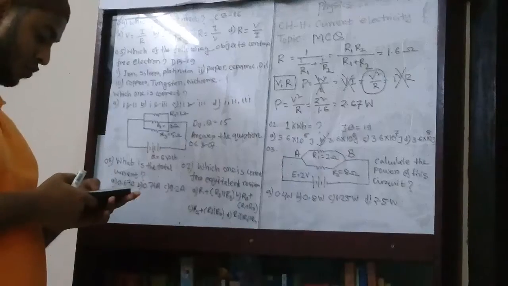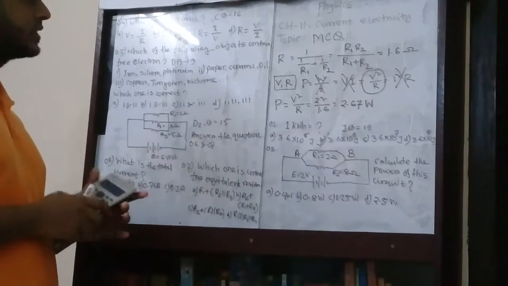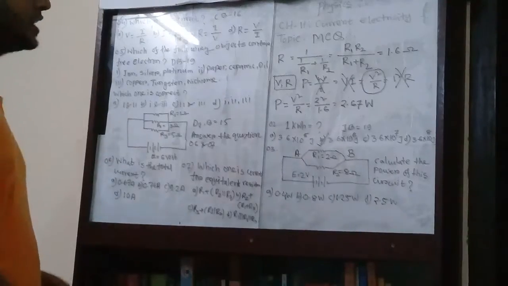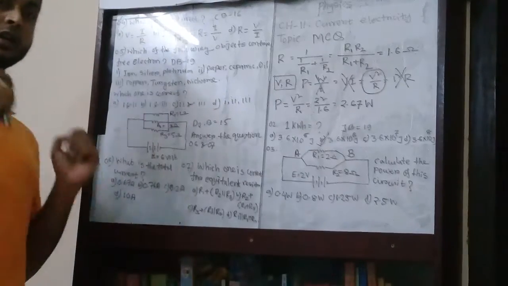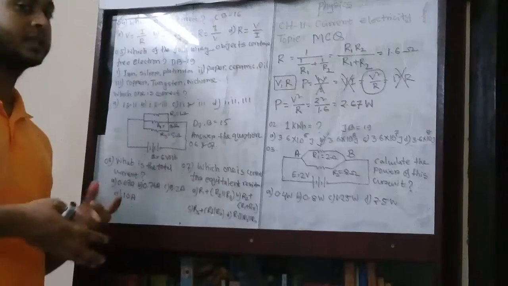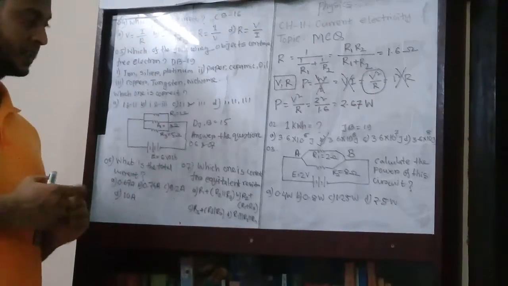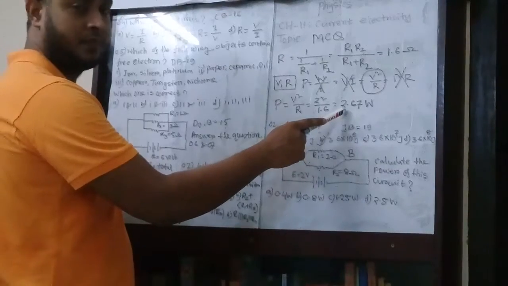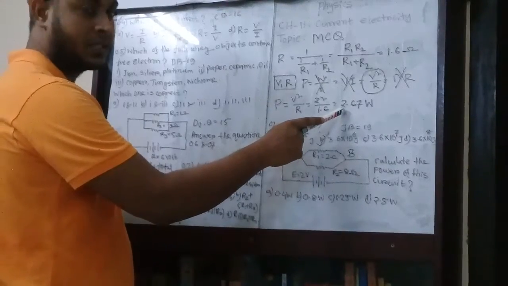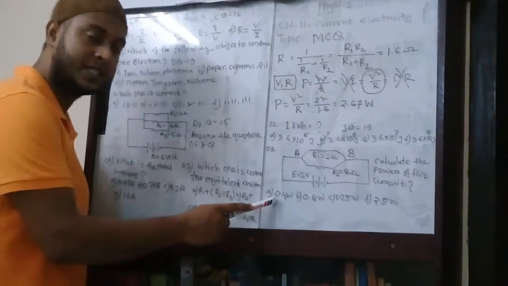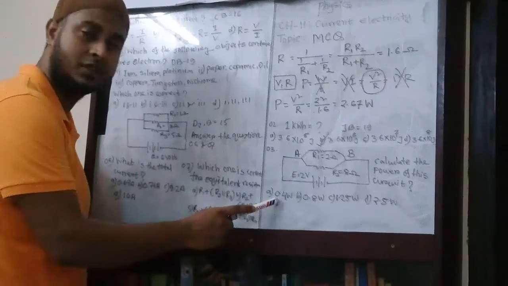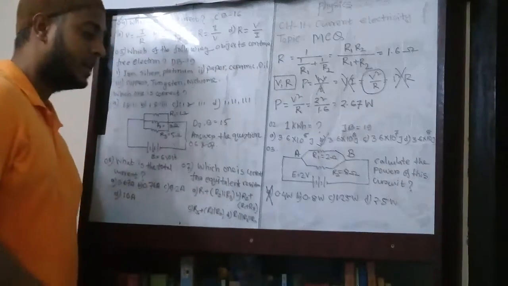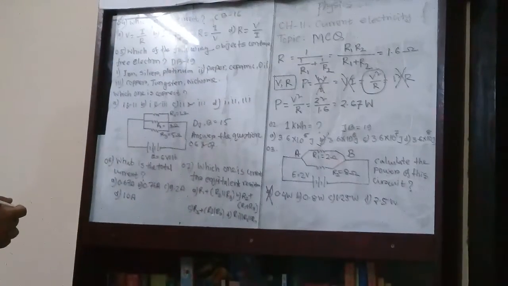Now we are going to match this correct answer with the given options. For the case of an MCQ part, you need to choose the most correct, most closer, most appropriate answer. The correct answer is 2.67 watt. Is it 0.4 watt? No, this is the wrong option. Is it 0.8 watt?